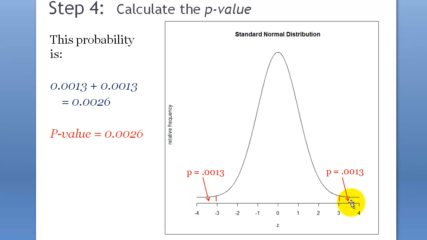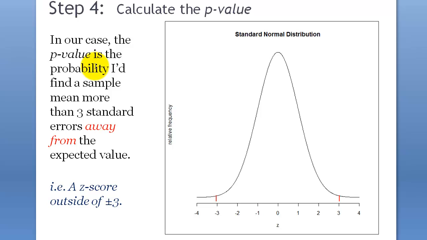So far it's the same as one-tailed hypothesis testing, but what's different here is that we got the z-score of 3. In our case, the p-value is the probability I find a sample mean more than 3 standard errors away from the expected value, but we don't know which direction. Either direction could be.